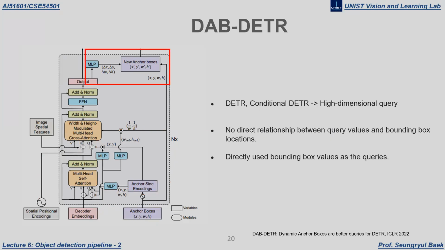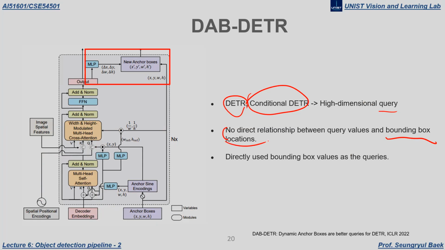Previously, in DTR and conditional DTR, the queries were in high dimension and did not have a direct relationship with bounding box locations.